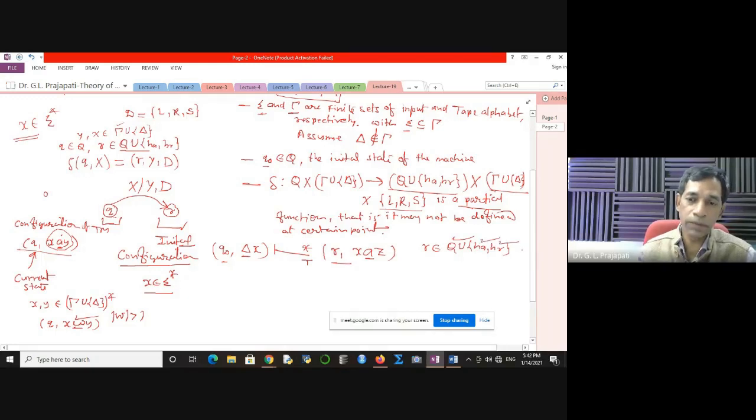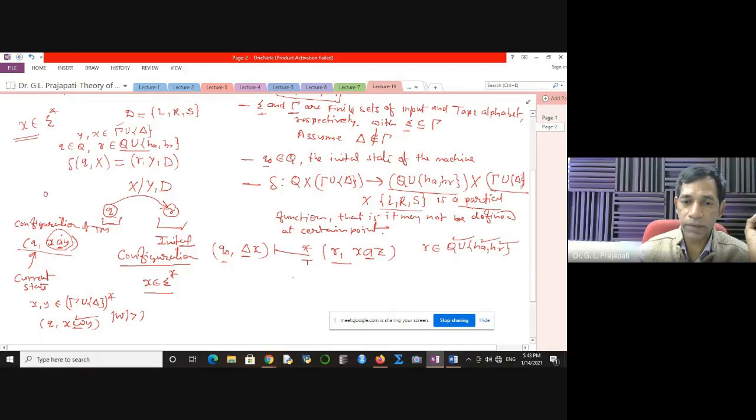Once r is equal to ha, this is the case of acceptance. Once r is equal to hr, this is the case of rejection. And x and z are the current content of your tape, where the leftmost symbol of x is at square 0.